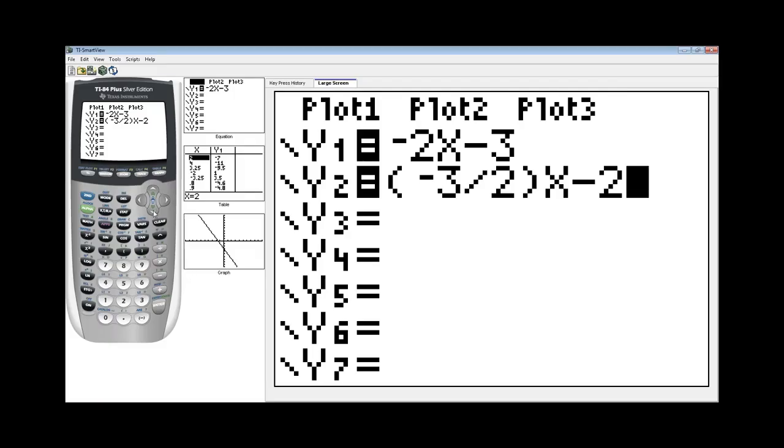If your graphing calculator is already in the standard basic kind of format, your window will probably be fine.